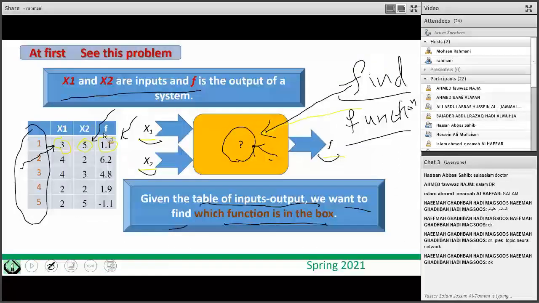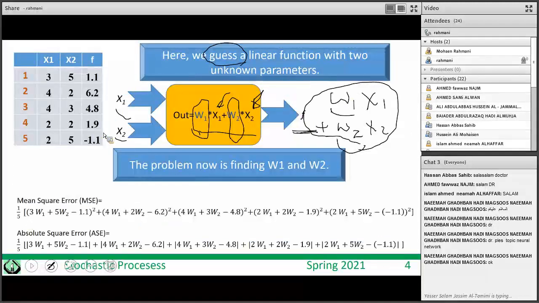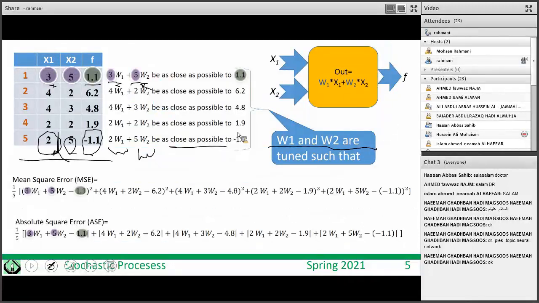I want to find a function between inputs and outputs. In order to find this, at first I guess a linear function. This linear function has two unknown parameters, w1 and w2. And so the question will be changed to finding these two parameters.